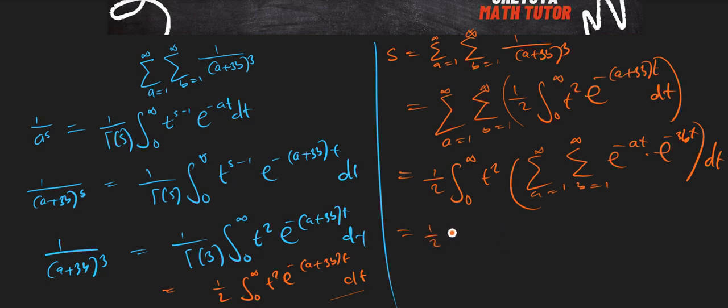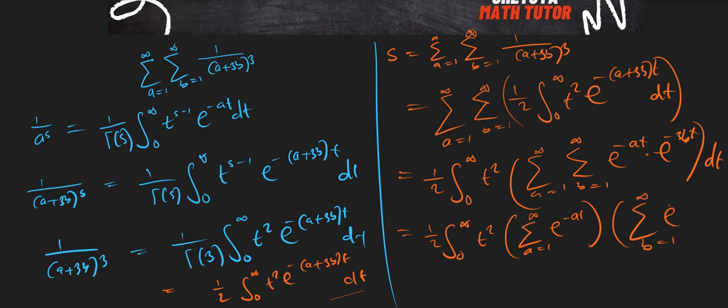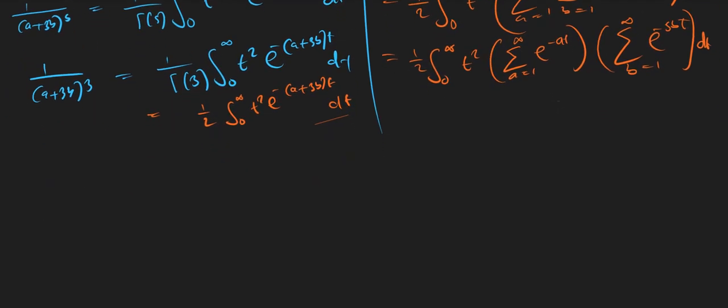This will lead us to have the integral from 0 to infinity of t squared, then the sum as a runs from 1 to infinity of e to the negative at, times the sum as b runs from 1 to infinity of e to the negative 3bt, and dt. So you see how we're able to convert this sum. Although this may look more complicated, it's actually much easier to do than this one that looks deceptively simple. So let's continue from here.